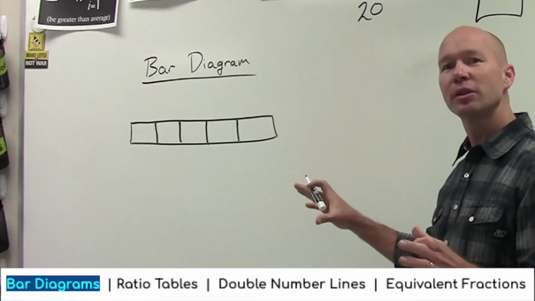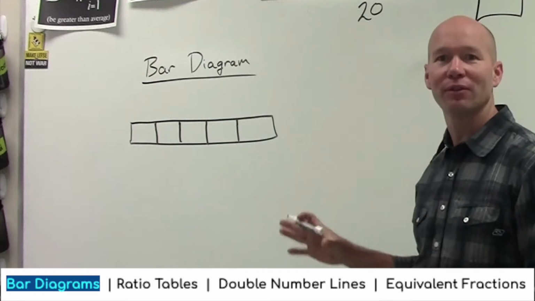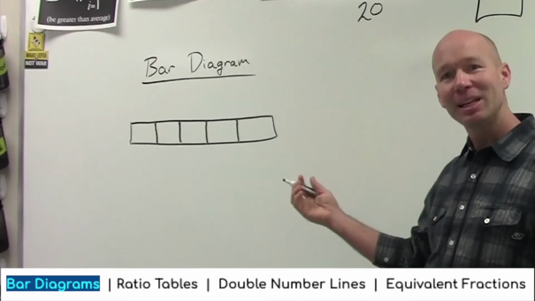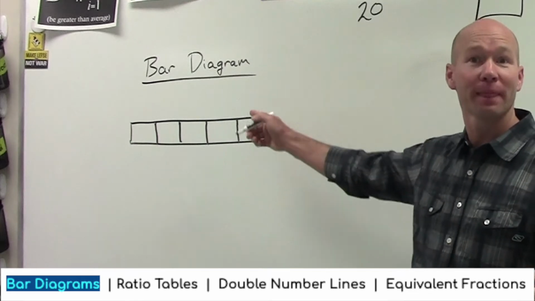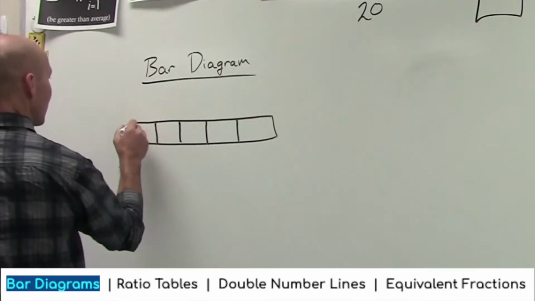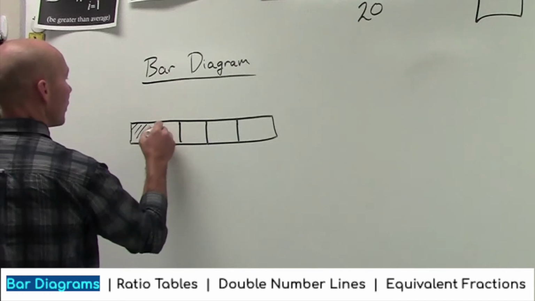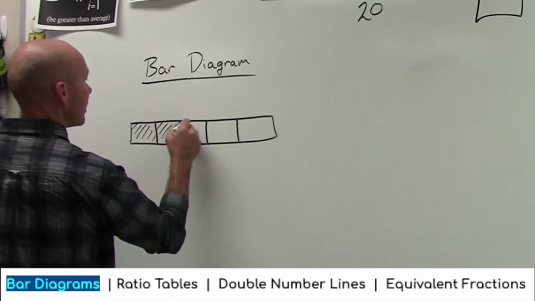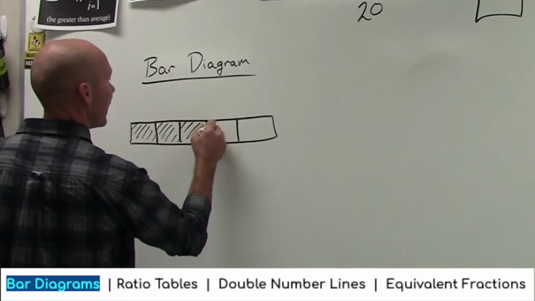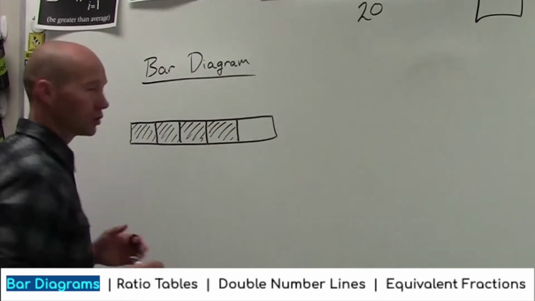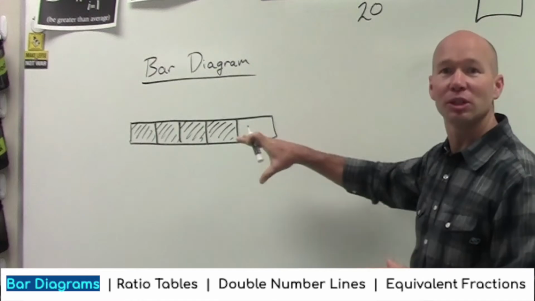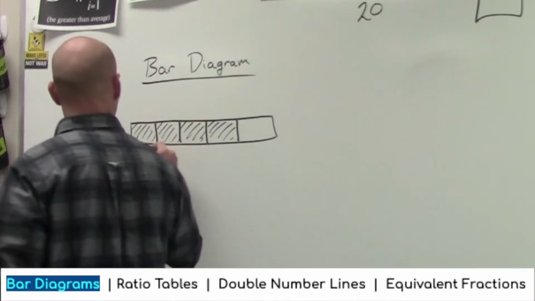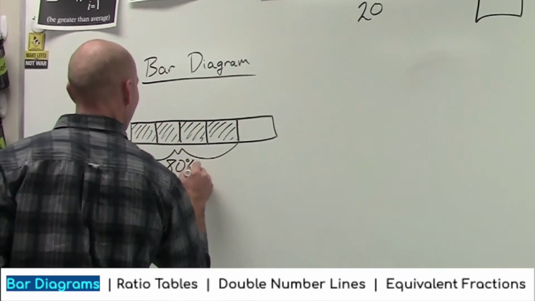How many of those do we have information on? 80%. Okay, 80% is what amount of the bar? It is 20, 40, 60, and 80. So 4 out of the 5 bars are going to be shaded in that we have 80%.